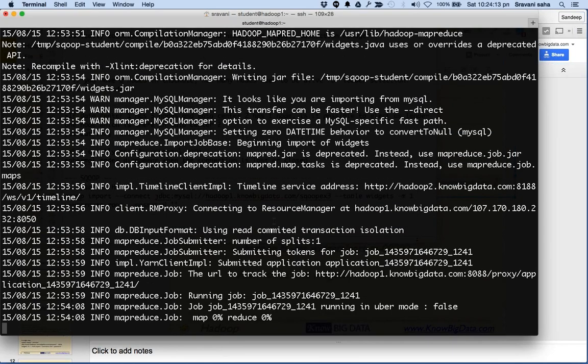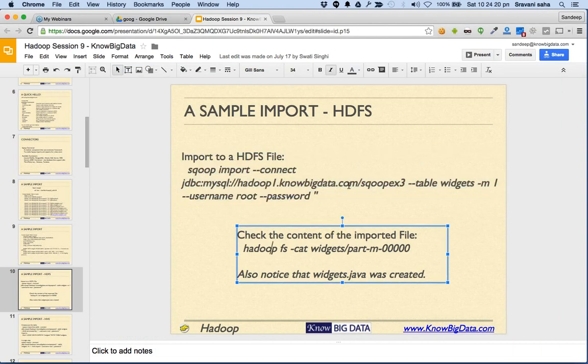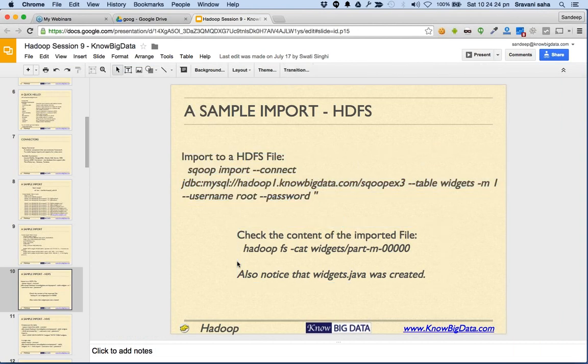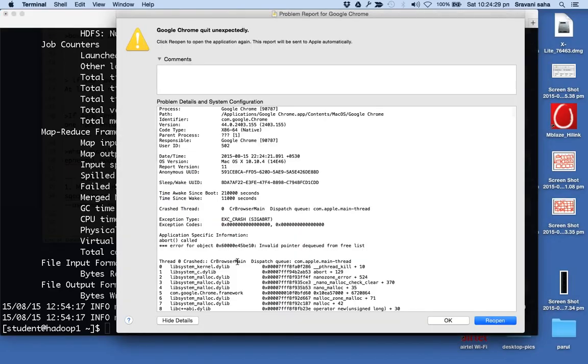Now you can see that even Scoop is running a MapReduce command to copy our data. Each mapper will be contacting the MySQL parallelly, making the connection to MySQL and creating the file in HDFS.